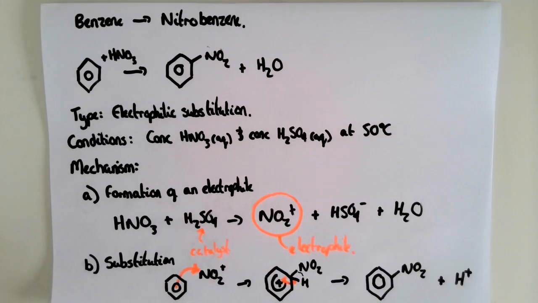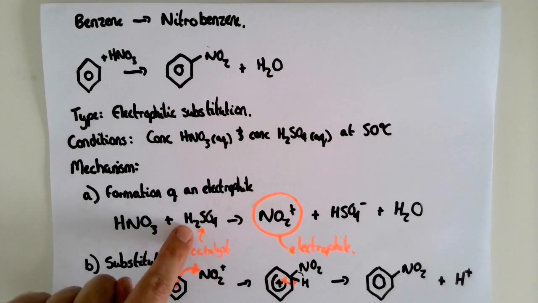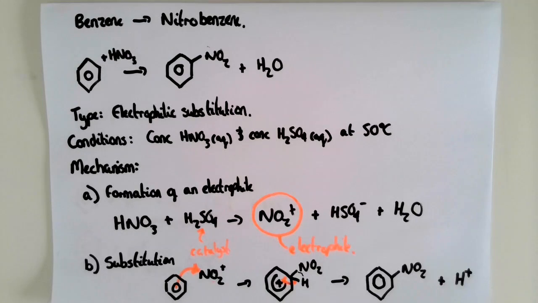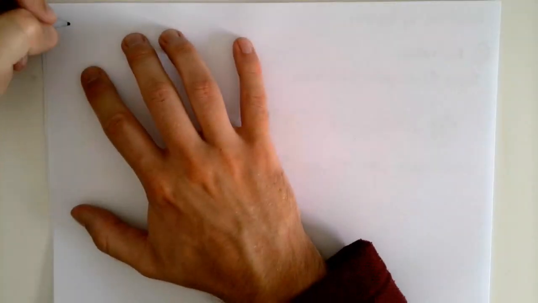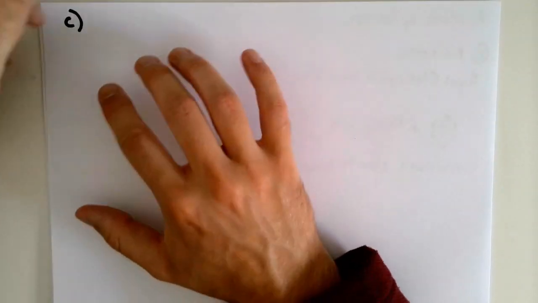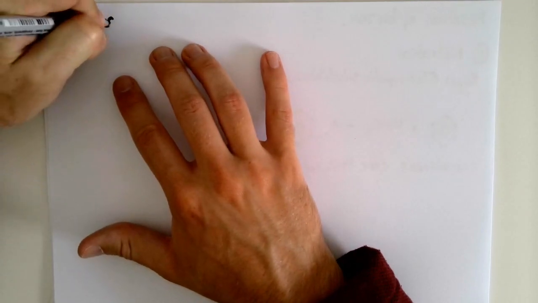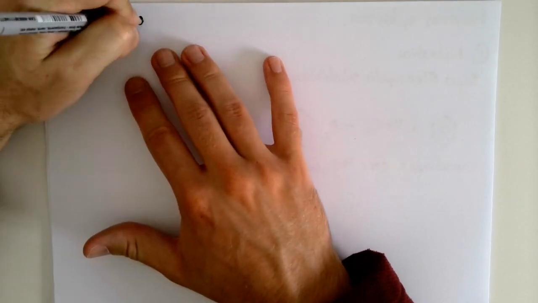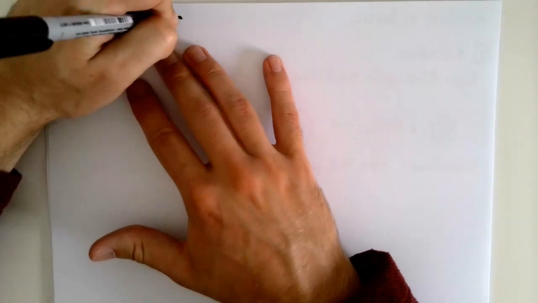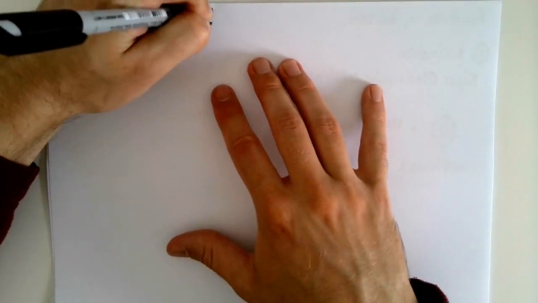And then in your final step of your mechanism, what you need to do is this catalyst here needs to be regenerated. A catalyst is something that doesn't get used up in the reaction, so it's going to be regenerated. So this final part of the mechanism is the regeneration of the catalyst.